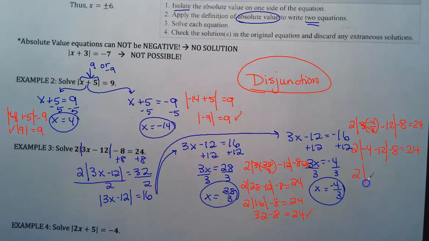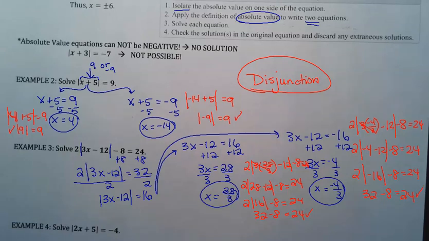So 2 times the absolute value of negative 4 minus 12, which is negative 16, minus 8 equals 24. The absolute value of negative 16 is 16, so 2 times 16 is still 32, minus 8, which would give us 24 and checks out.